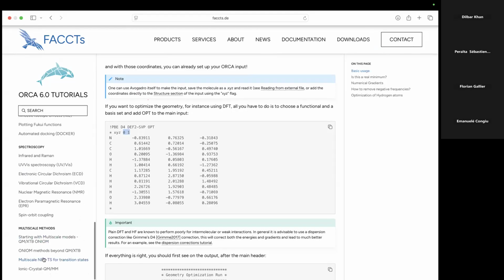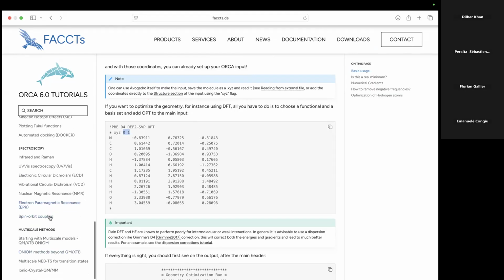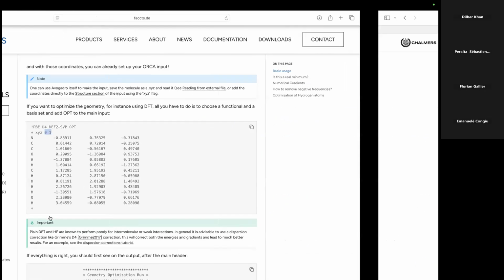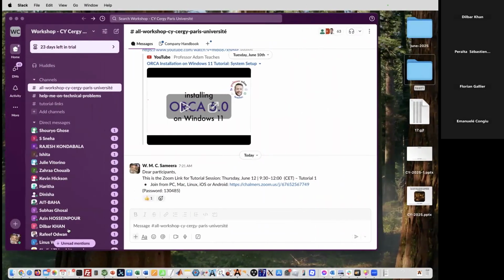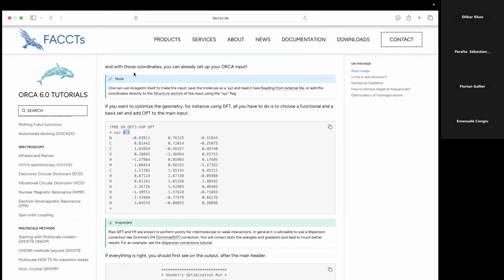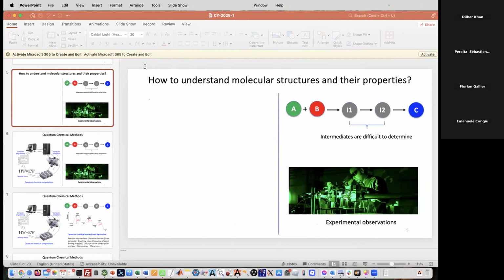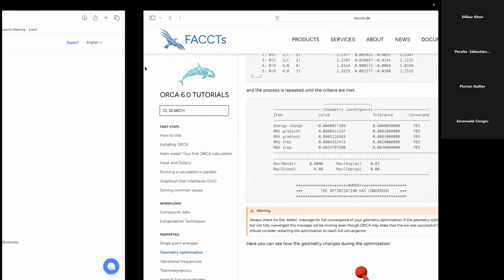And in ORCA, you can use, if you go to the manual, for instance, I have a manual somewhere, not here. Is it here?